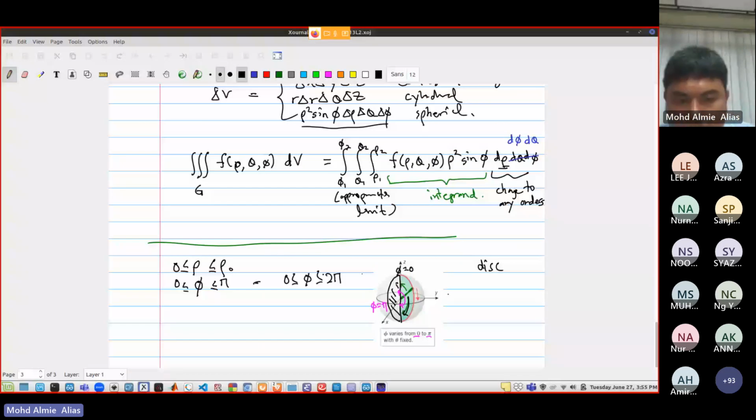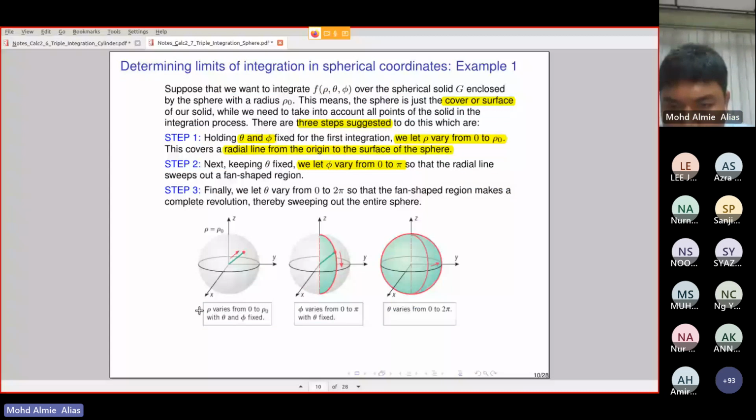So you can move it in the counterclockwise direction, measuring the angle from the positive axis.